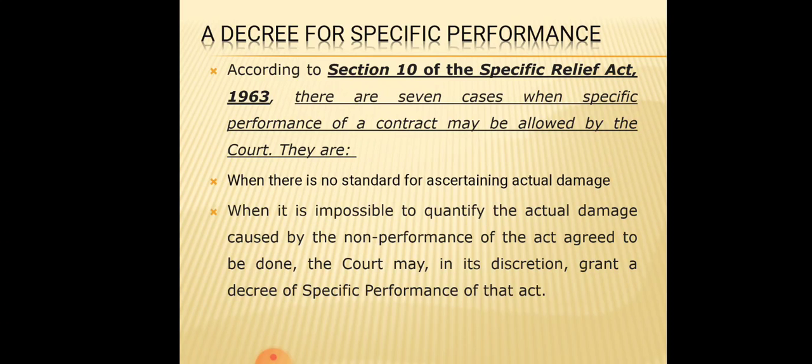In this case, actual damage is caused due to this non-performance of the contract, that should be measured, that should be calculated, and the court may give directions on this point. They may use their discretion and they may grant a remedy of specific performance. So it is called a decree of specific performance.